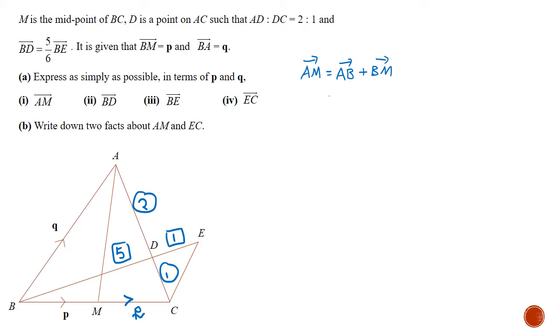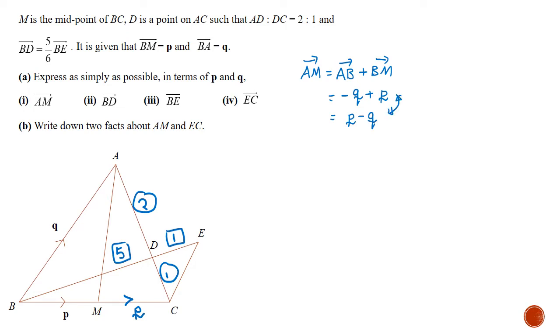Vector AB will be equal to negative vector Q, whereas vector BM will be vector P. And we will have vector P minus vector Q. You can leave your answer as any of these two forms here.